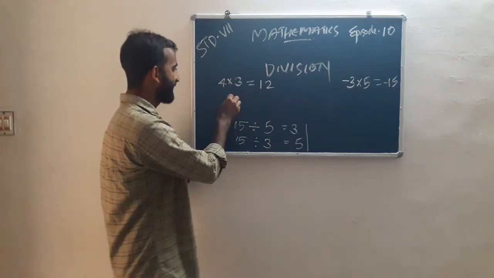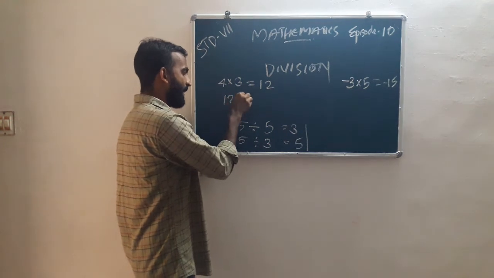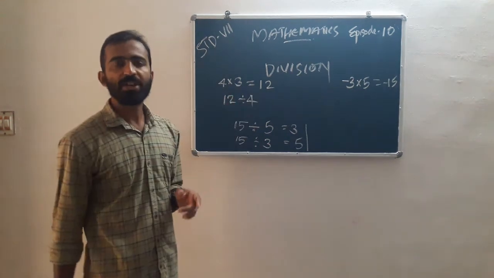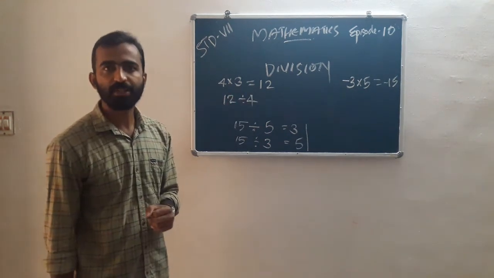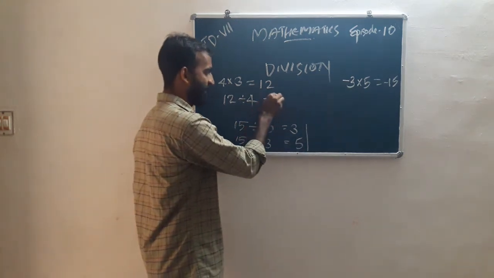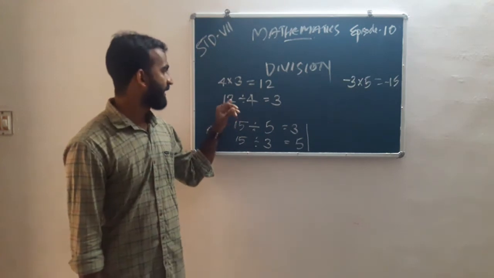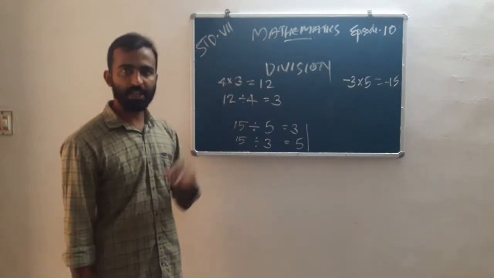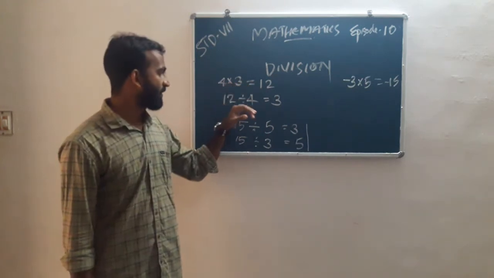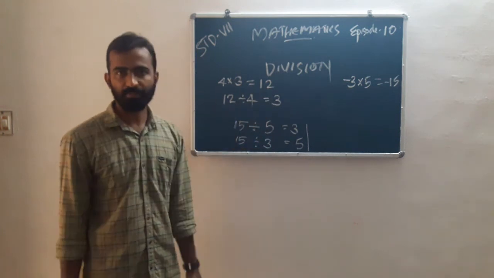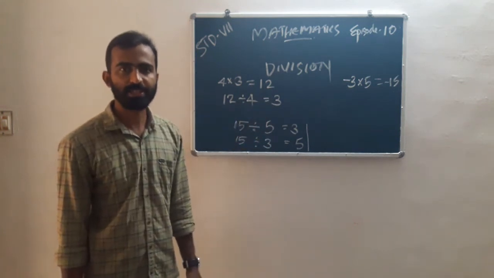Yes. That is 12 divided by 4. What do we get? We get 3. That is, when we do 4 into 3, we get 12, and 12 divided by 4, we get 3.